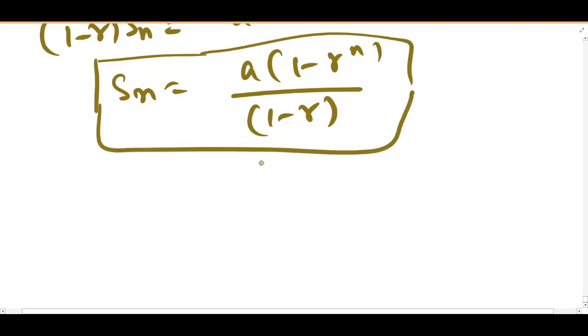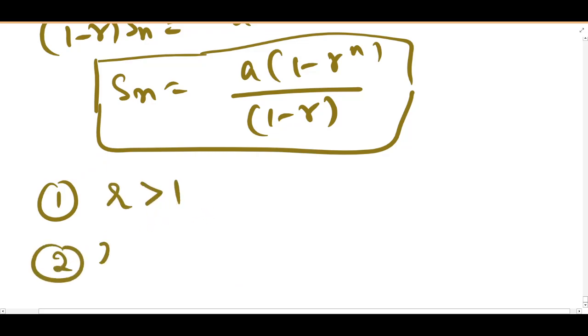There are two cases in writing the sum of a geometric progression. First is when r is greater than 1, and second is when r is less than 1.